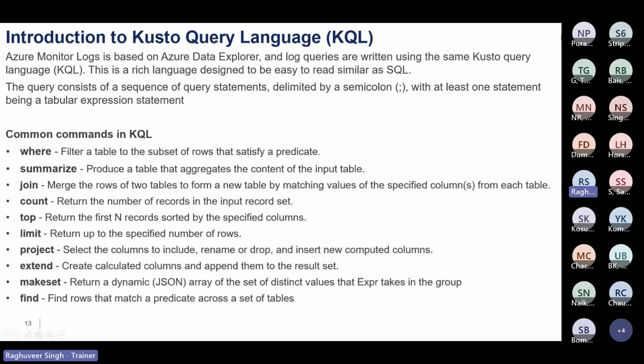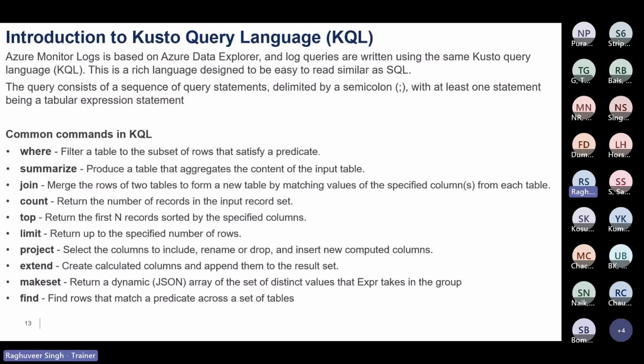For example, you just saw that I was using where and summarize a lot. Whenever you put the where condition, it filters a table to the subset of rows that satisfy the predicate. After where, whatever you type next, it will look for that information. For example, let's say I want to get the syslogs from Linux computers, that is, computers which contain the operating system Linux.